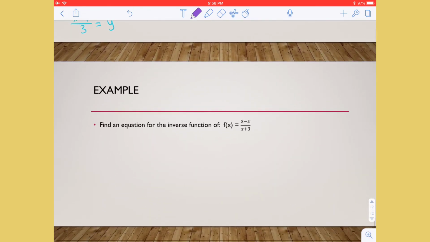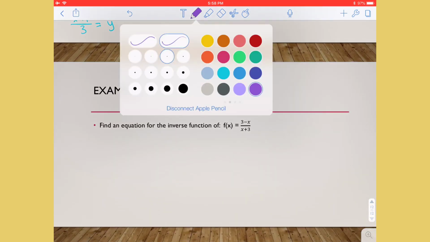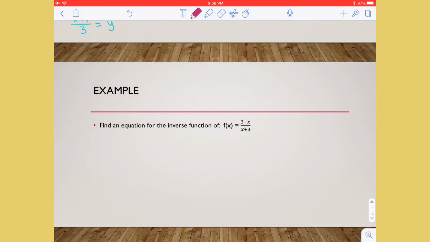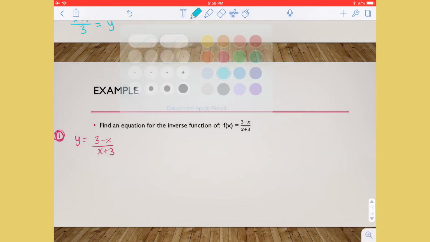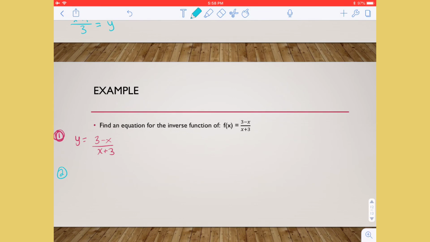Looking at another one that's written in fraction form, we're going to do the same thing. So we'll start out with step 1. We're going to rewrite the problem as y is equal to 3 minus x all over x plus 3. Step 2, we're going to change our y's to x's and all of our x's to y's.